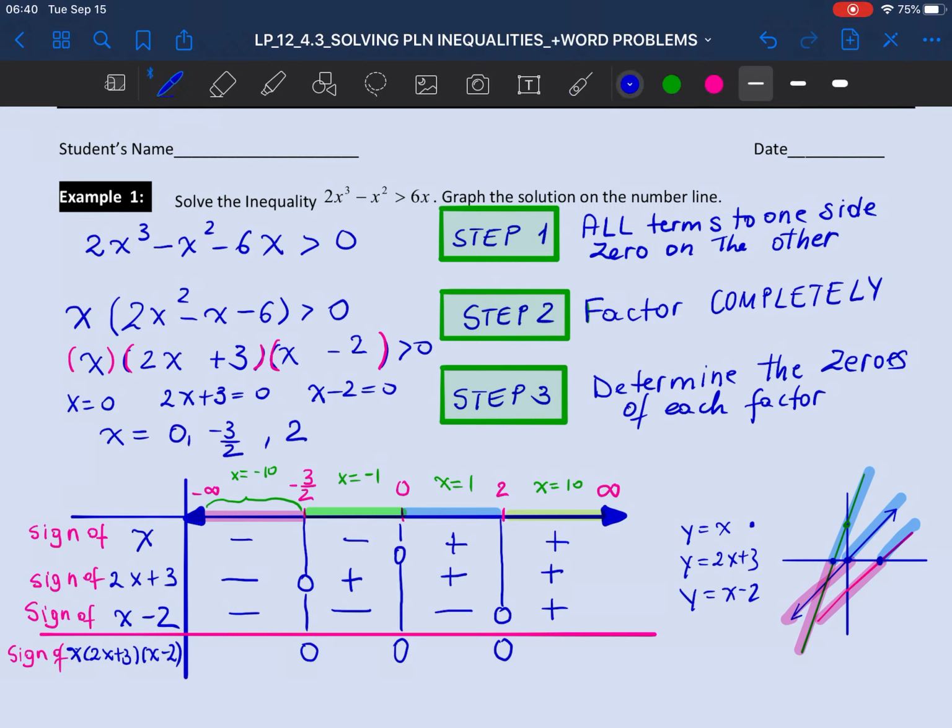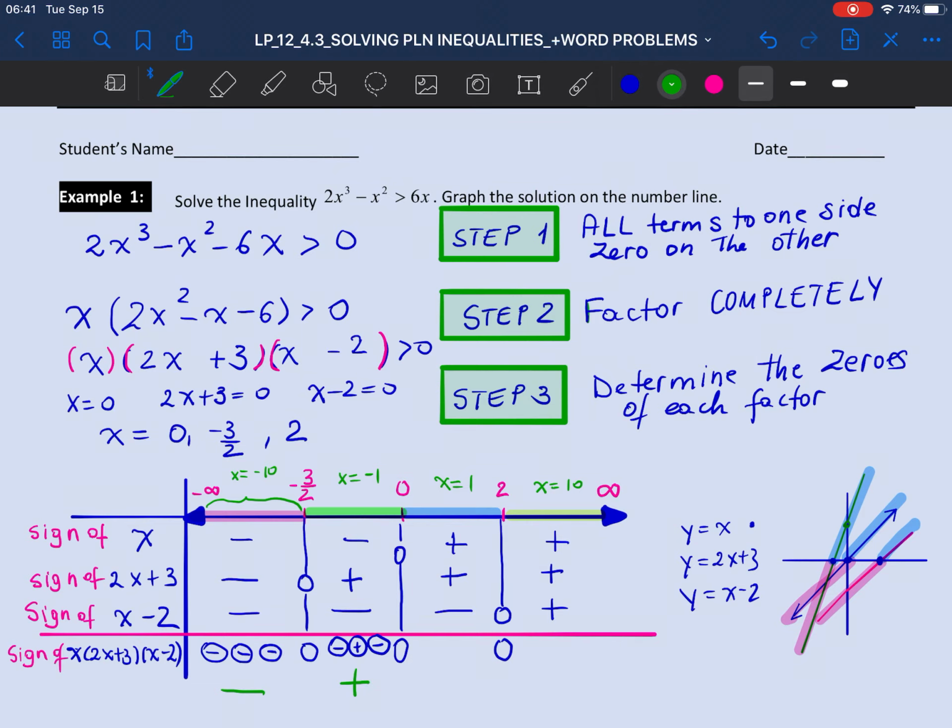So what happens to the sign of the product, the whole thing? When we study the sign of the product, we simply multiply the signs of each factor. So we have negative times negative times negative will give a negative. Next, we have negative times positive times negative will give a positive.